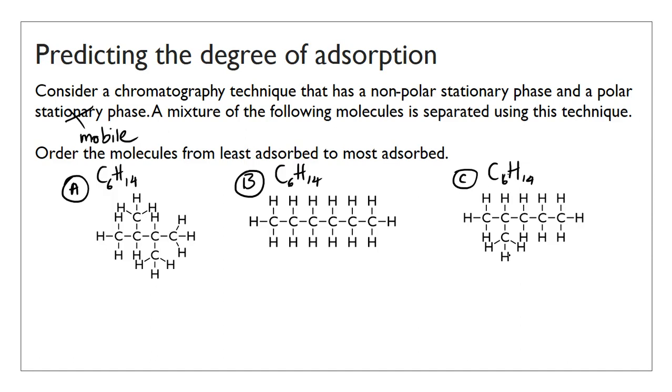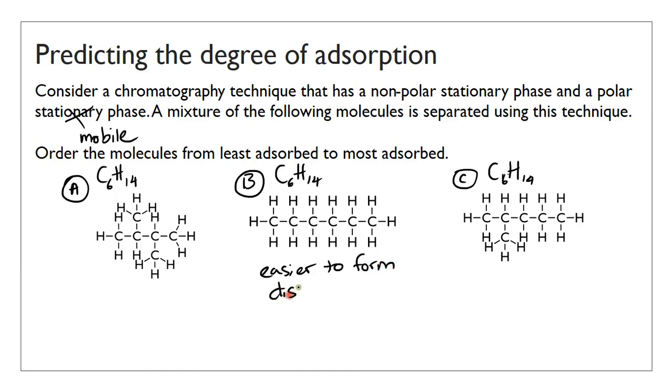And the answer to this is actually very similar to the effect of stacking, which we talked about as something that affects the ability of a molecule to form intermolecular forces. If something is a linear chain, it's going to be easier to get very, very close to the nonpolar stationary phase and form strong intermolecular forces, in this case, dispersion forces.